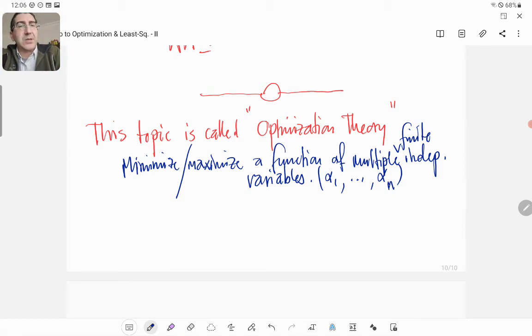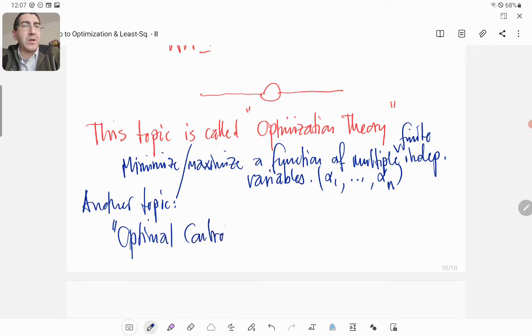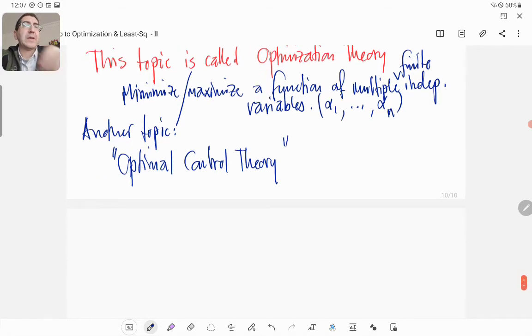There is another topic which is tightly related with this, called optimal control theory. Okay? What is optimal control theory?